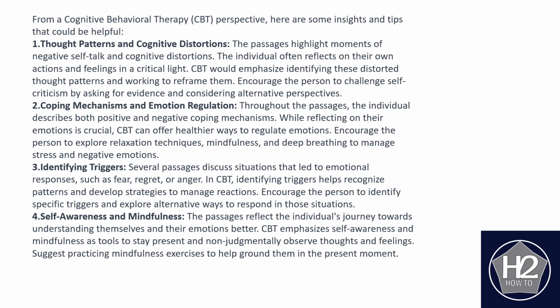When I asked it for CBT, it came up with, I think, 12 strategies, and here's just 4. It says to encourage this person to challenge self-criticism by asking for evidence and considering alternative perspectives. Whenever I'm looking at any particular issue, I don't tend to look at that issue separately.